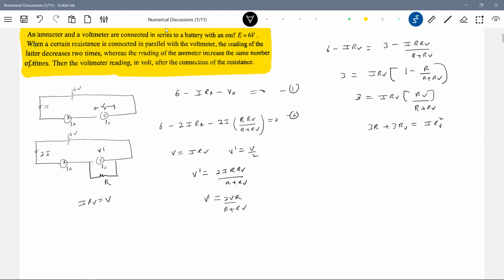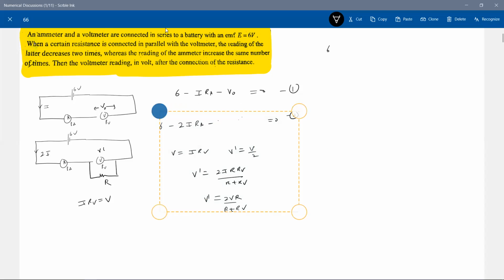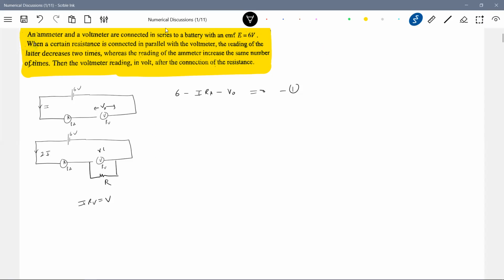I'll write it. No, 6 minus 2i. Let me rework here. Okay, this will be 6 minus 2i Ra, V naught by 2. Here only I think we can manage.